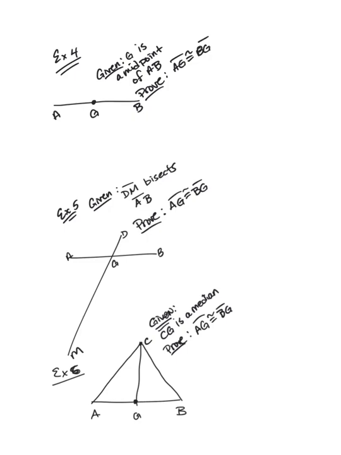In the first question, we're given a midpoint. We want to prove that AG is congruent to BG. So you have your statement, you have your reason. My statement would be G is a midpoint of AB. You can abbreviate midpoint. So this is given.